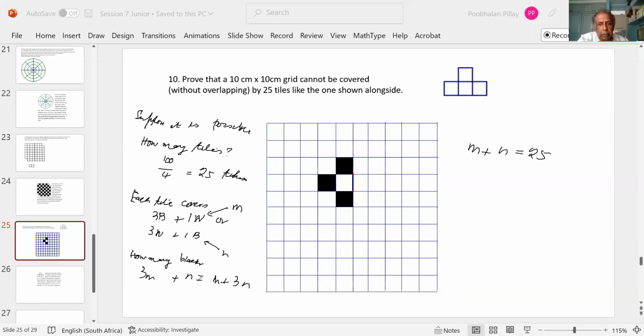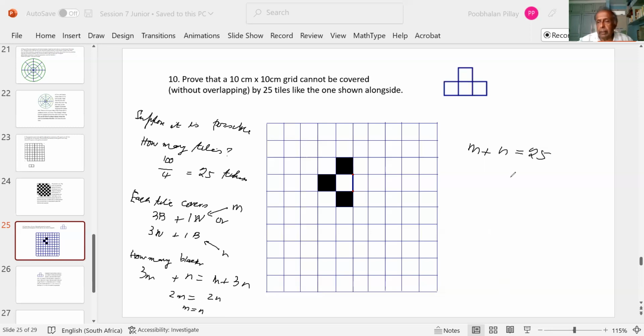But I'm making these equal because the number of blacks is equal to the number of whites. You've got a 10 by 10 board, and you will have exactly 50 blacks and 50 whites when you cover it like this. When you solve, you get 2M equals 2N, so M is equal to N.